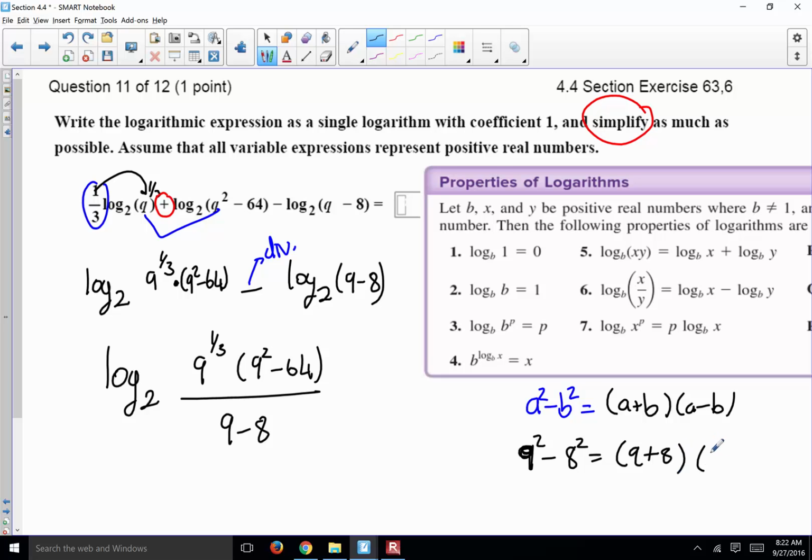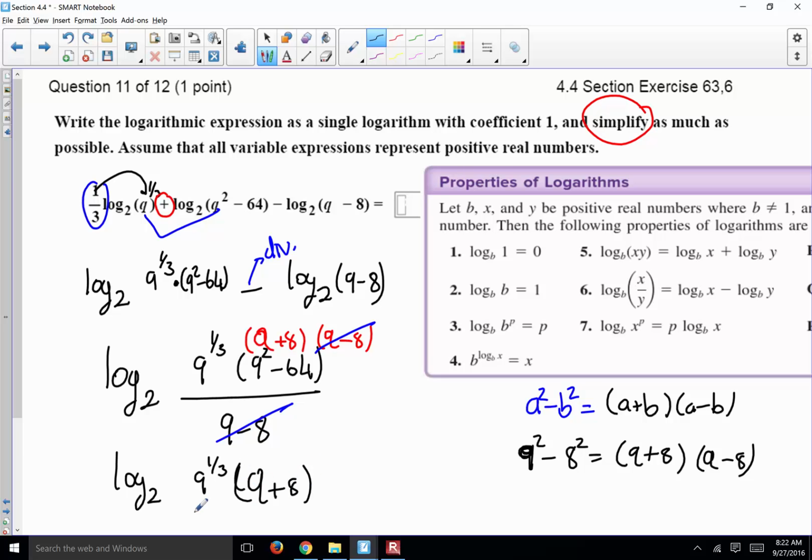And this is q minus 8. So this top is actually q plus 8 and q minus 8. And you cancel these, you turn it into a better form. This is the final answer.